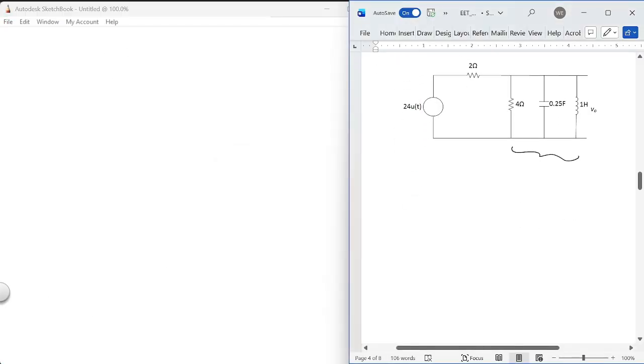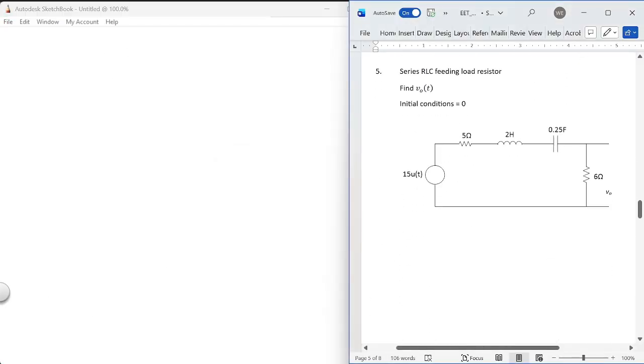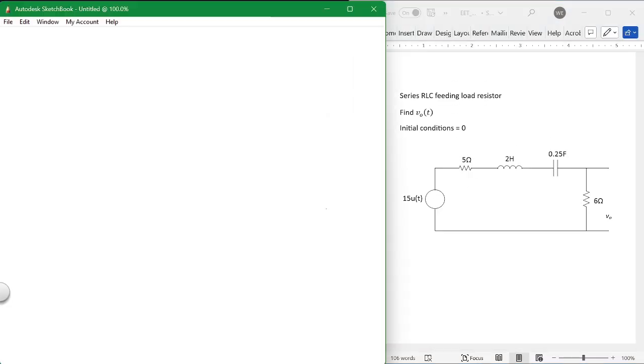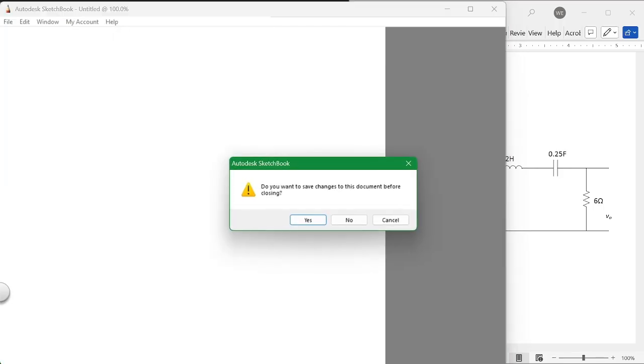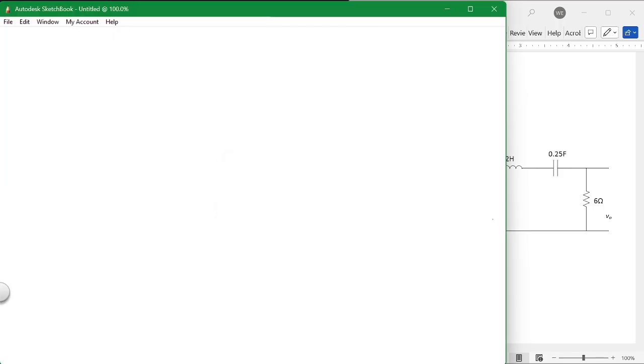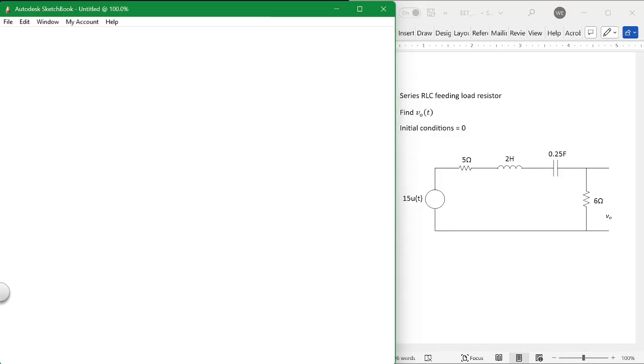All right, number 5. Like I said, these don't get any easier. Okay, so this one is a lot easier. Why is this one easier?